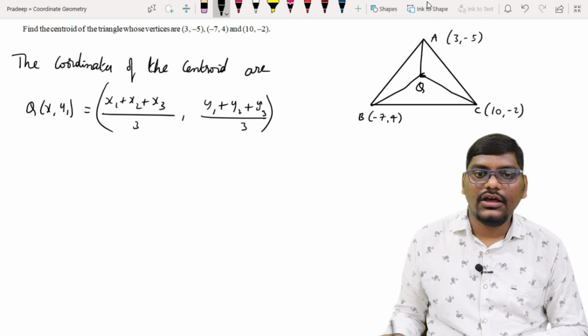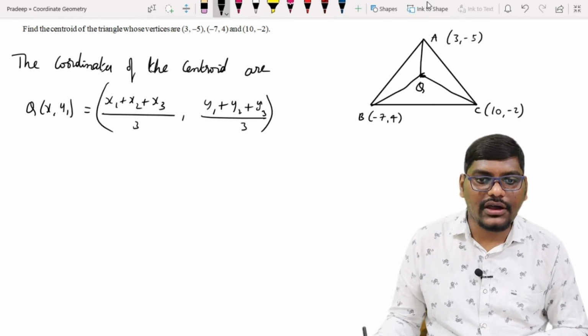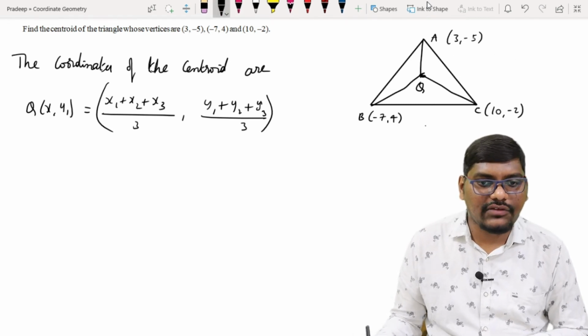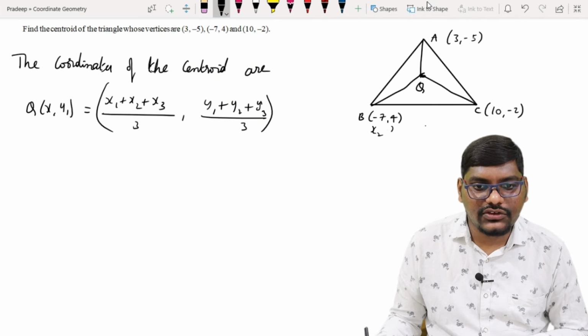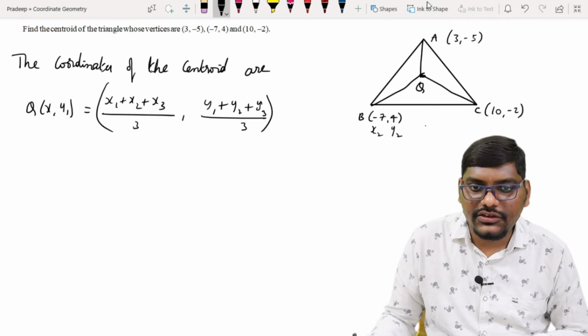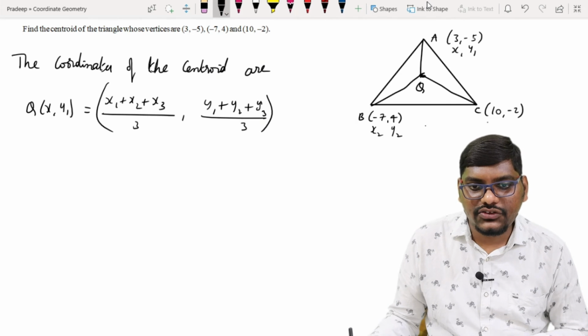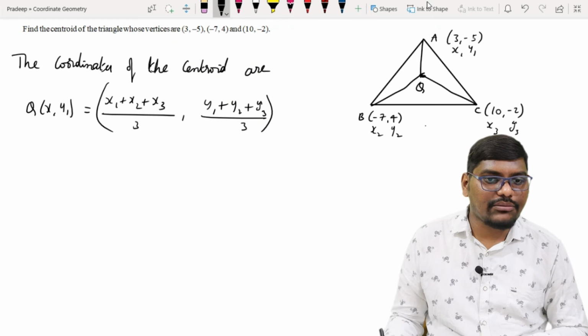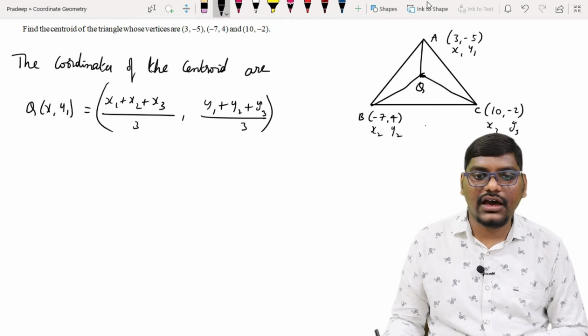Alright, so we have the 3 points: this is a, so this is x1 y1, this is b, so this is x2 y2, and this is x3 y3. So we'll just substitute in this particular formula, we'll get the solution.